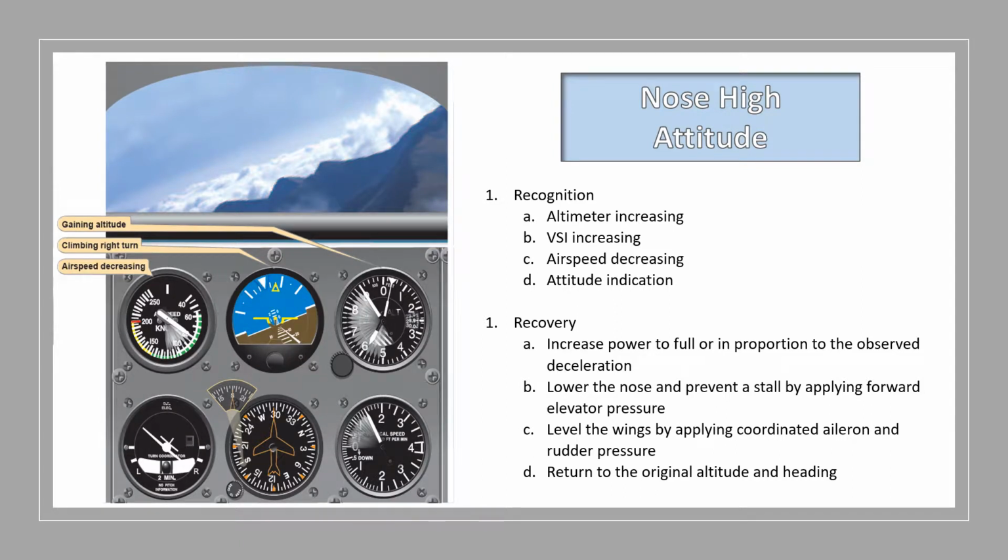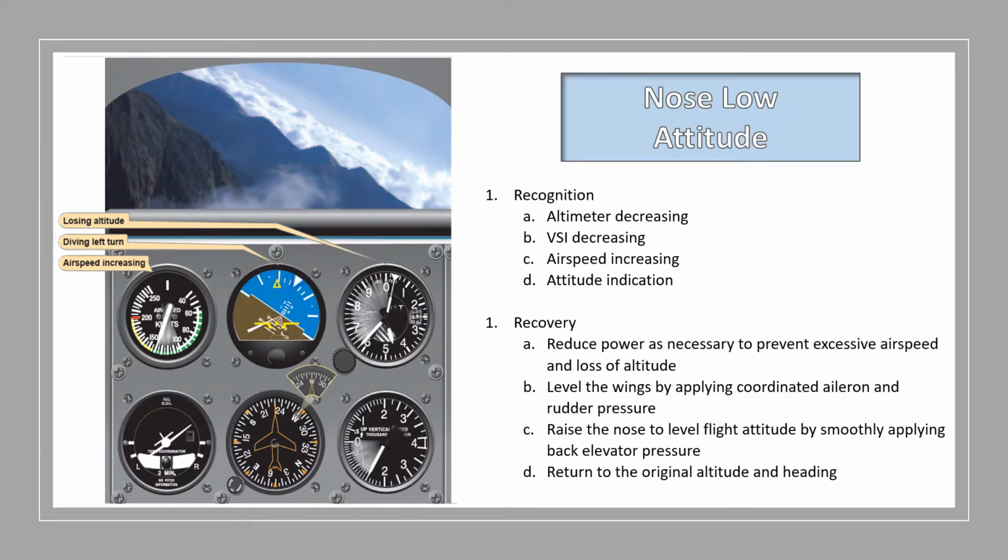And so just like we've done in VFR, we recognize it. However, this time we're going to rely more heavily on our instruments because we're not going to be able to look outside and see what's going on. The nose low attitude, we recognize again by looking at our gauges. However, this time it's going to be a little opposite.